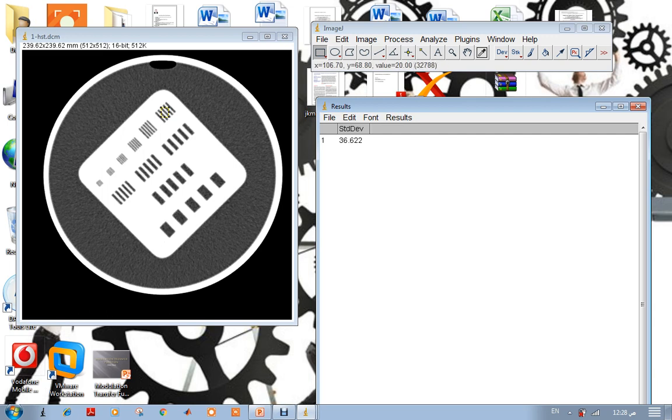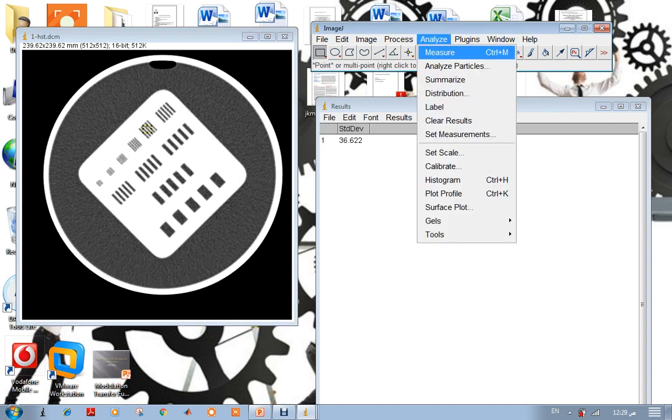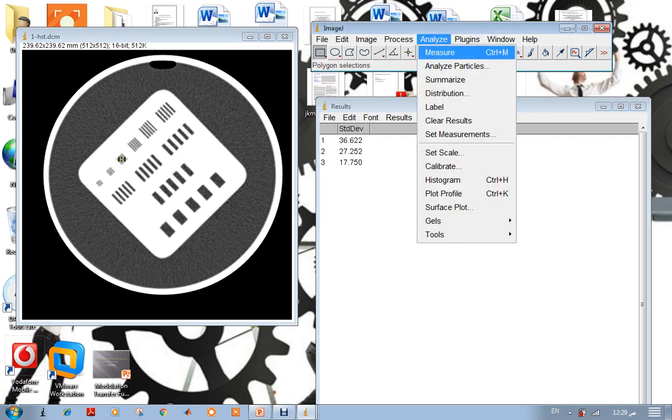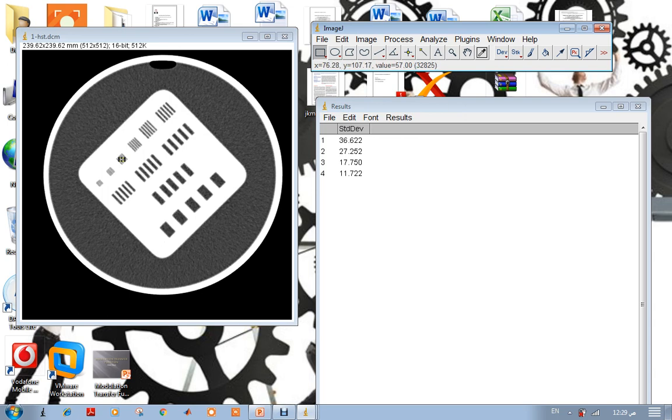Now I will draw another ROI; make sure the ROI is inside the group of line pairs, not outside. Measure. Analyze, Measure. You will see the standard deviation value decreased. Analyze, Measure. Yes, Analyze, Measure.